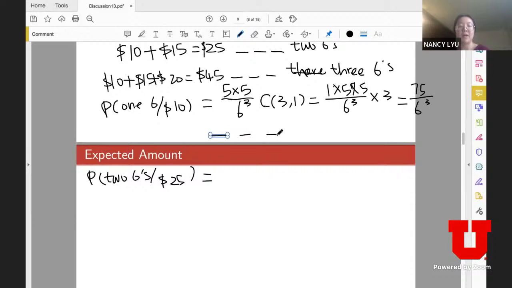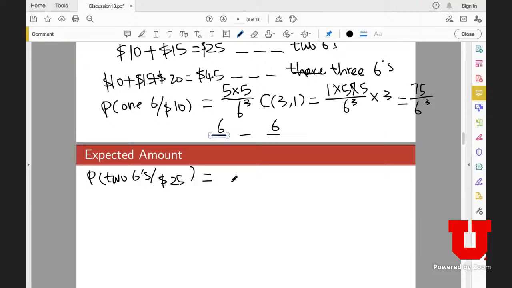So you have 3 spots and you want to make sure you have two 6s. Five over 6 cubed times 3 choose 2.